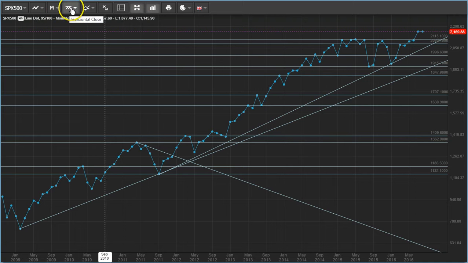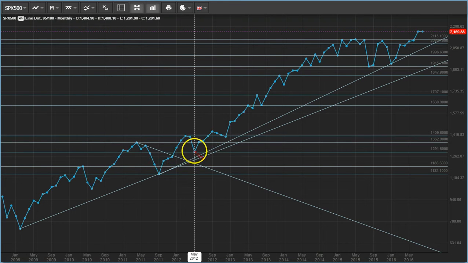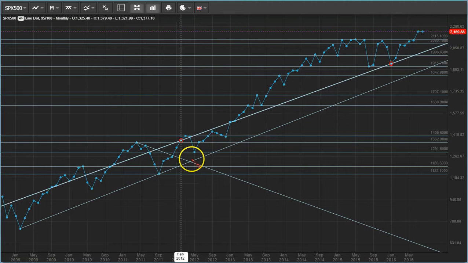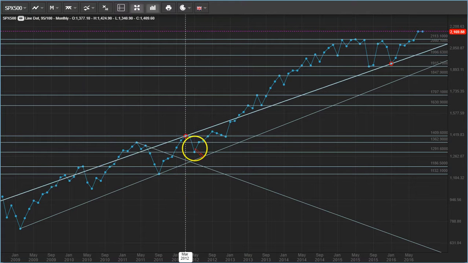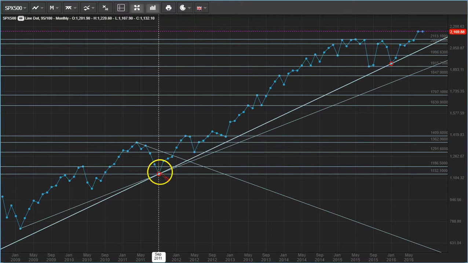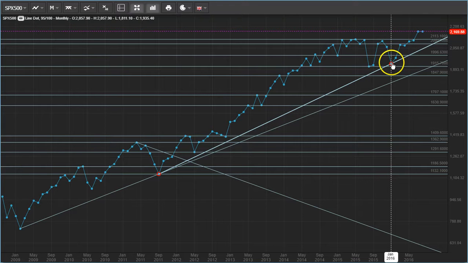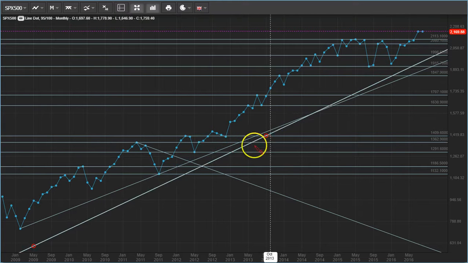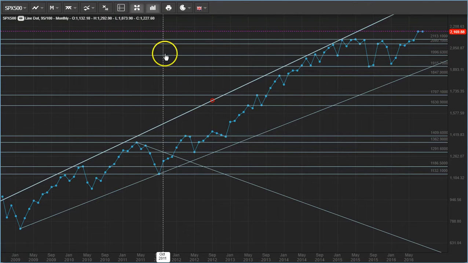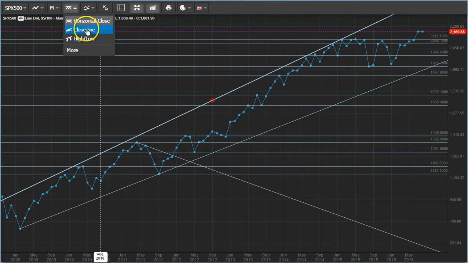Here's the bearish argument: the trend line here, the tightest trend line you could possibly draw. It's not letting me draw it. I guess I screwed that up. Jesus. The tightest one is down here. Man, that's just not the best.